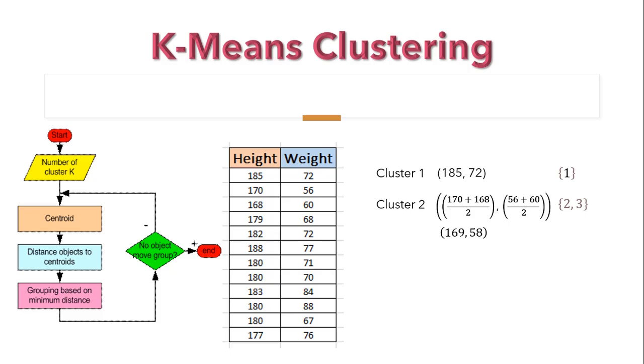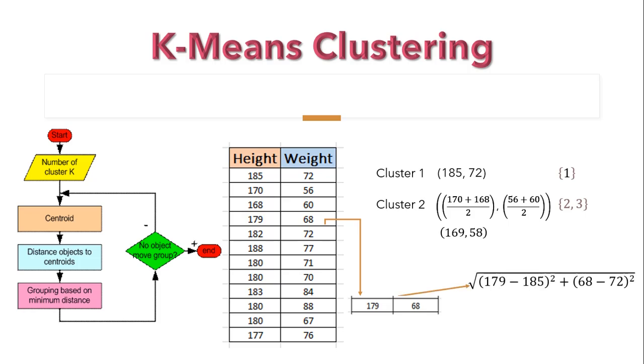Now we will check whether row 4 will go to cluster 1 or cluster 2. Let's calculate the Euclidean distance for row 4 with both clusters. For cluster 1, the square root of (179 minus 185) whole square plus (68 minus 72) whole square, that is 6.32.